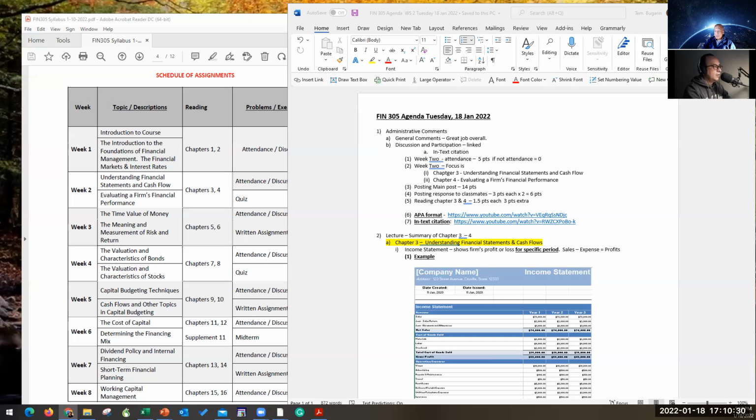Question number 3, why is it important to calculate the times interest earned ratio, even for firms that have a low debt ratio? So please, when you respond to the discussion questions, make sure you address 3 questions. Armando, you copy over? Yes. Okay.